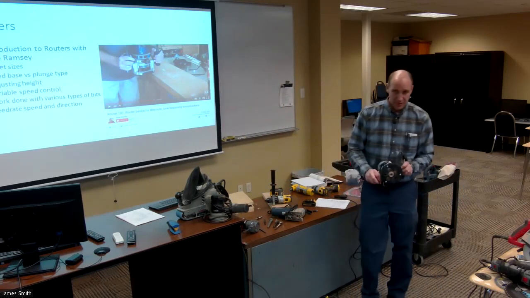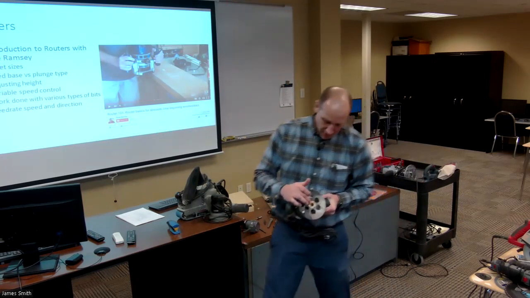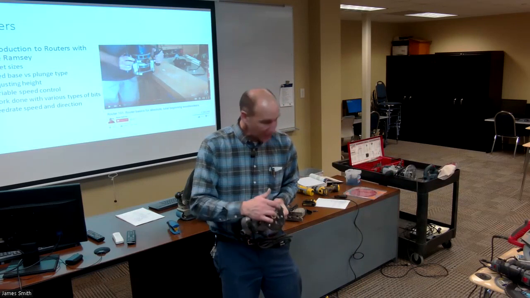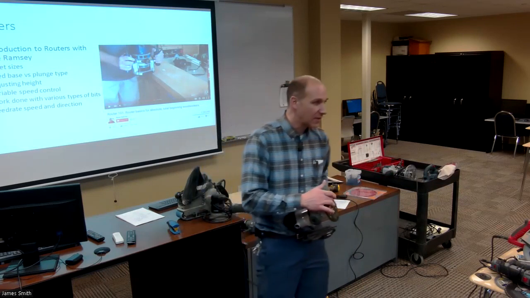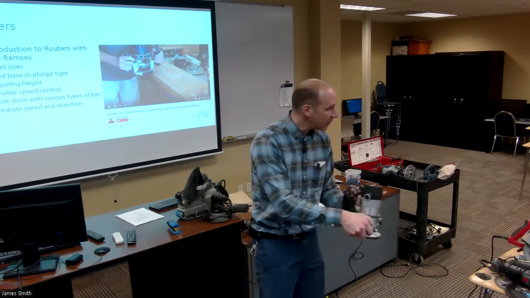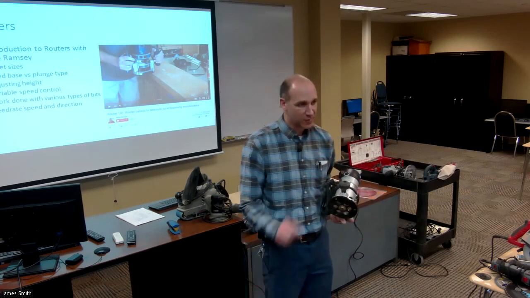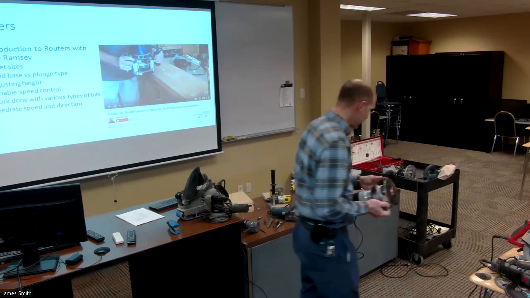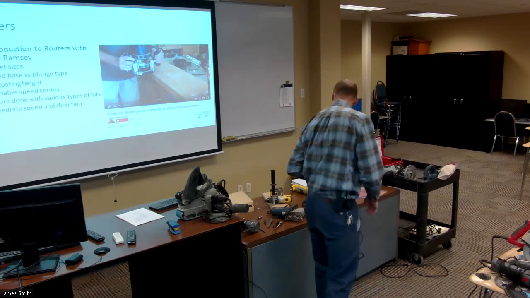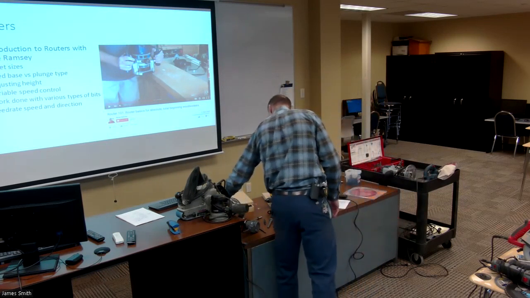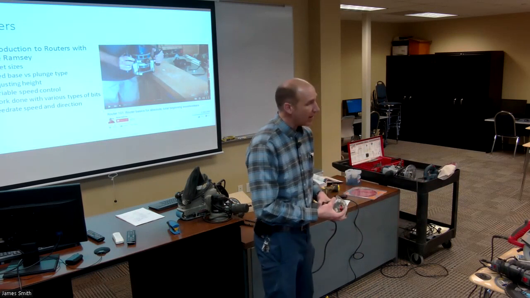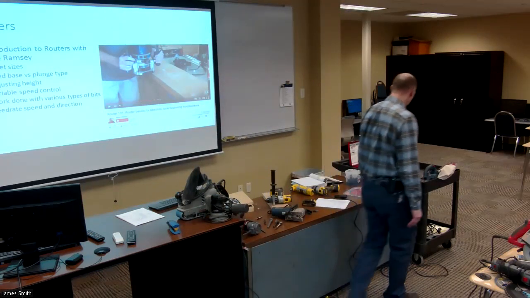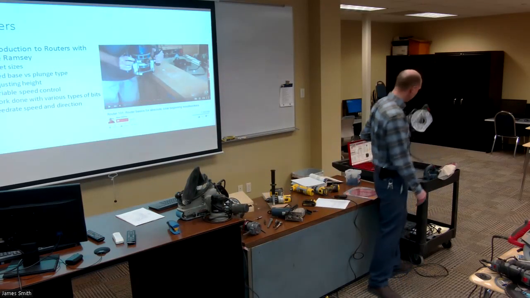The nice thing about these is you can put these little template bushing guides in the router bases so that you can follow a template, right? You can make templates out of 1/4-inch hardboard, and then you can just follow the edge of your template. These little bushing guides are really nice in situations where you don't want to use a bit that has a bearing on it. You have to have some way to guide your router into the work.